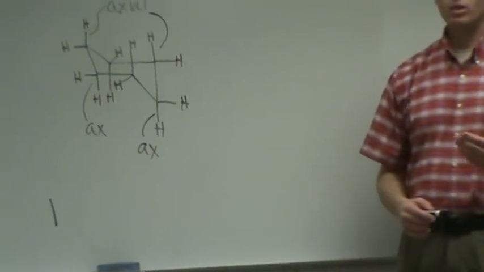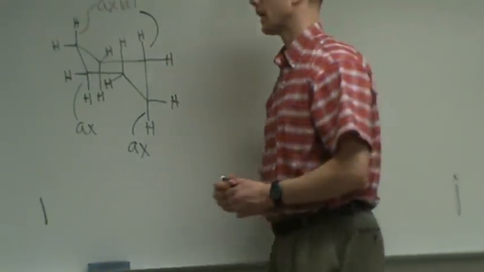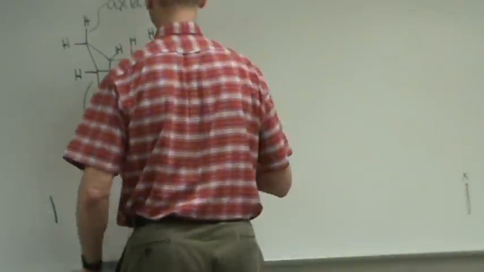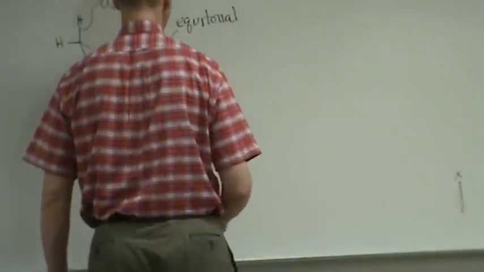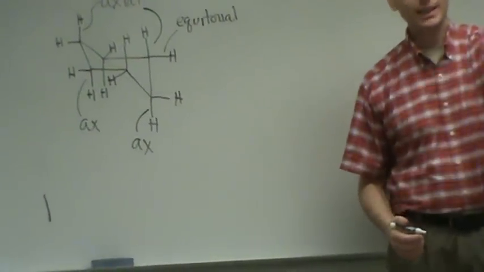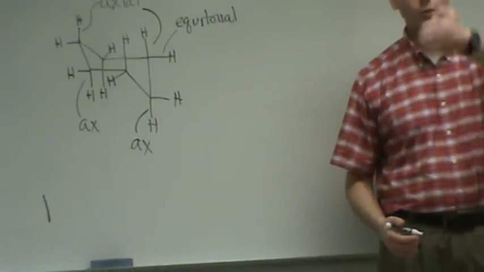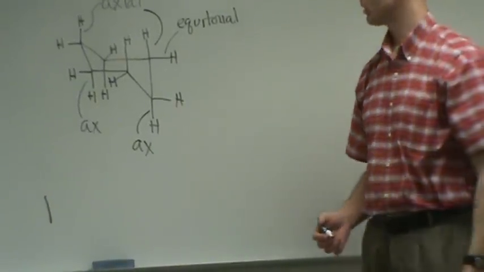And then the other bonds, they're not axial bonds, they're what we call equatorial bonds. Equatorial bonds are like the equator, they go out to the side. So think of the axials like your north and south pole.